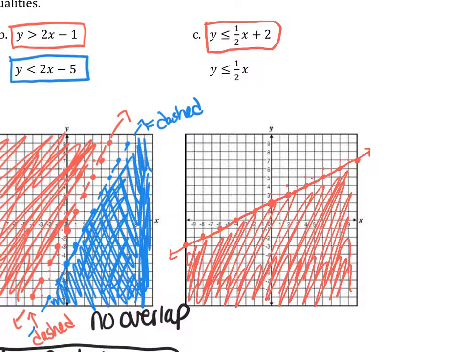And then our second one, I'll do in blue. There is no y-intercept, which means it's at the origin, which means it's 0. And so they'll have the same slope of 1/2, so up 1, right 2.